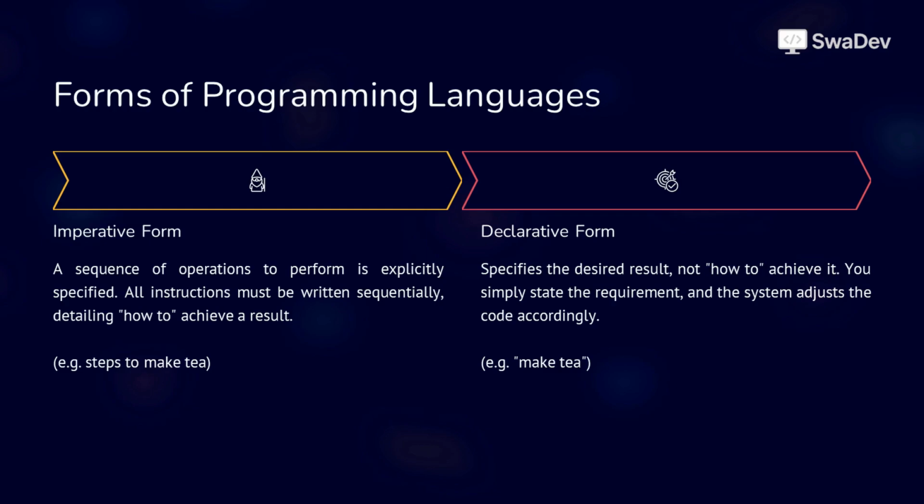By definition, in the imperative form a sequence of operations to perform is explicitly specified, and all instructions must be written sequentially, detailing how to achieve a result. But the declarative form specifies the desired result, not how to achieve it. You simply state the requirement and the system adjusts the code accordingly.